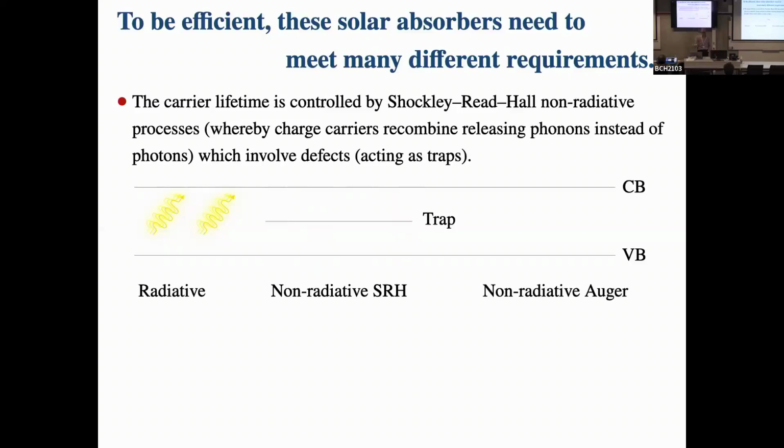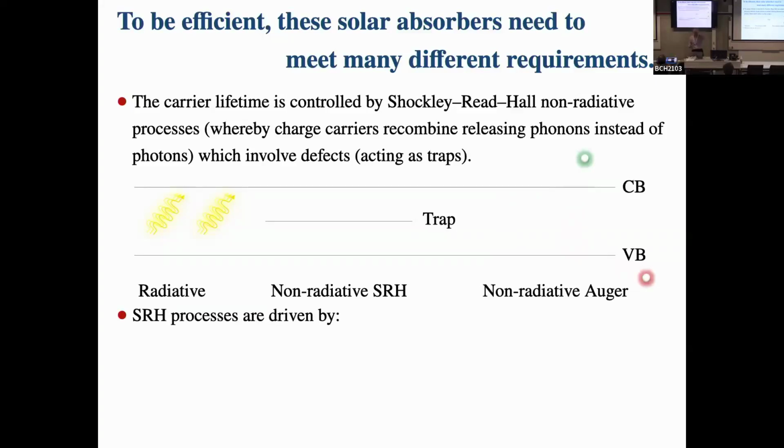Then there is another kind of recombination process, the non-radiative Auger recombination, which involves the emission of particles, electrons or holes. I'm sorry, I'm going to have to go through my animation again. The non-radiative Auger process is less likely because it involves more particles being in the neighborhood.